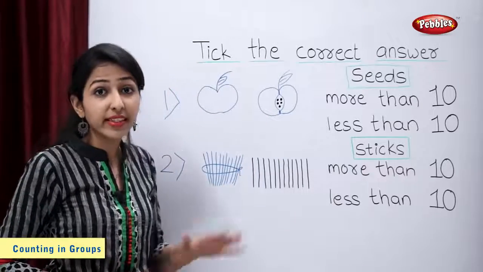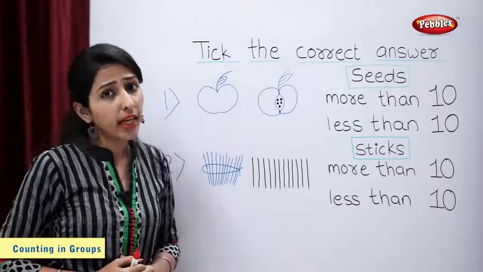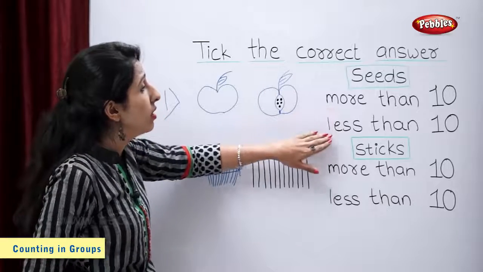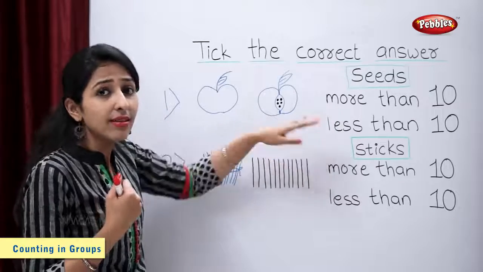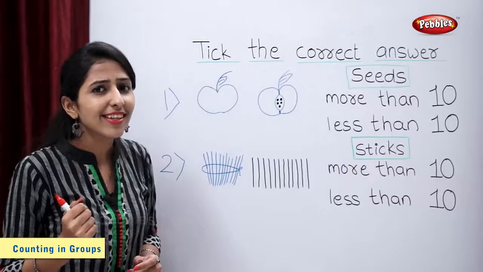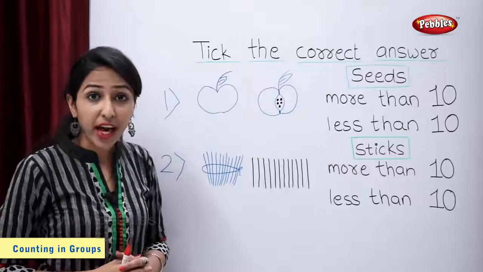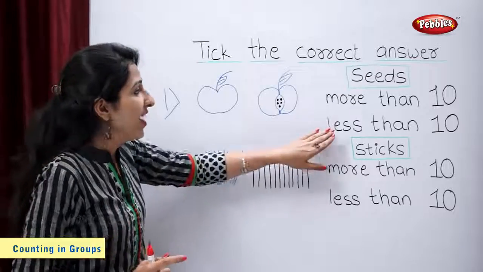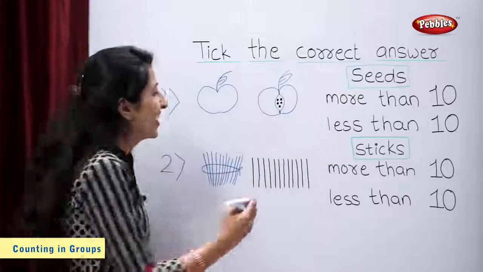So this apple has 5 seeds. Tell me, students, 5 is more than 10 or less than 10? Tell me. Correct. 5 is less than 10. So this apple has less than 10 seeds.